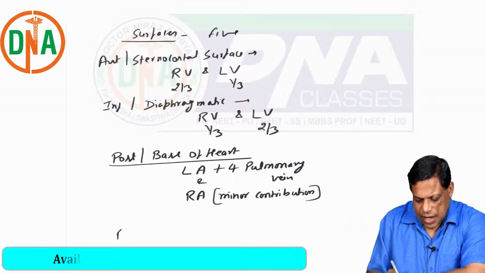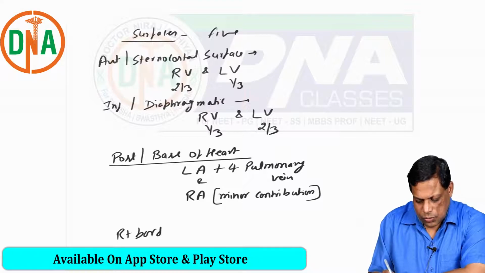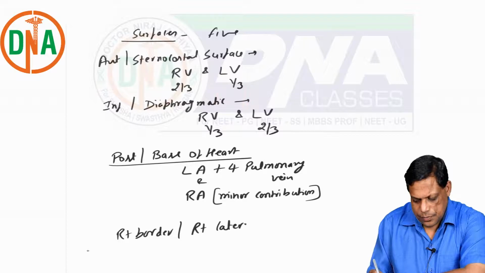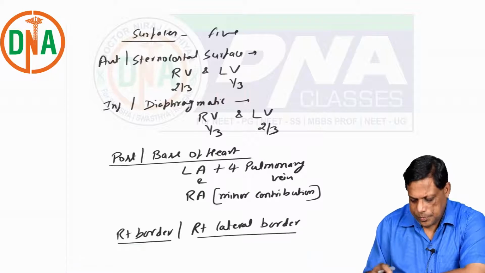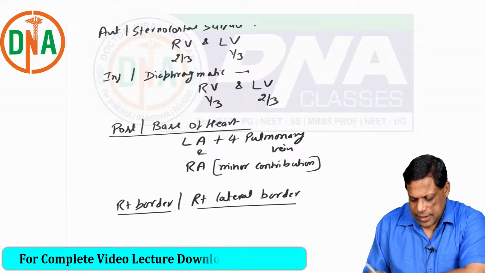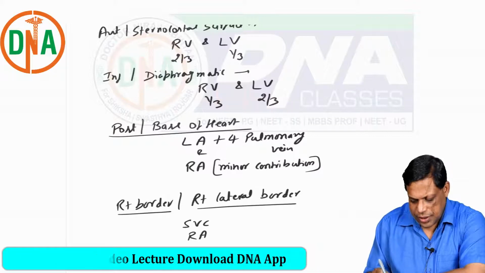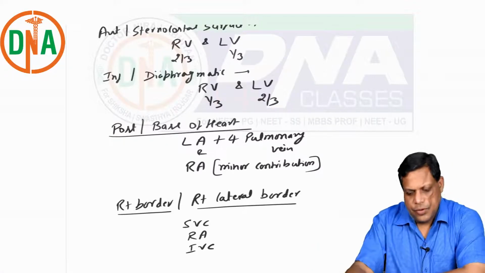The next is the right surface of the heart, also known as the right lateral border. The right lateral border of the heart is formed by the same structures which form the right border, I mean the superior vena cava, right atrium, and then inferior vena cava.